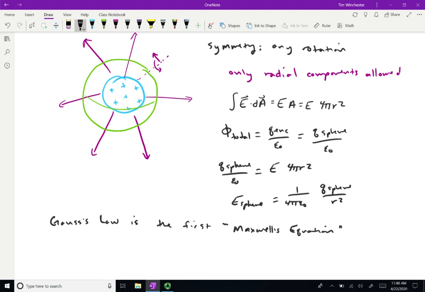Maxwell's equations are a set of 4 equations that essentially govern all of electricity and magnetism. Maxwell didn't invent the 4 equations. He just collected them together into one compact package and made a change to one of them to make it consistent with the other 3.